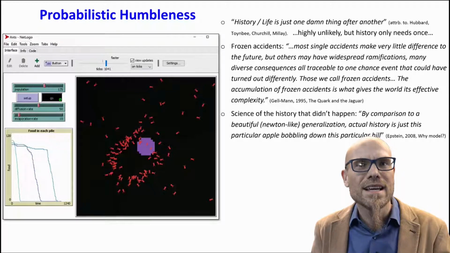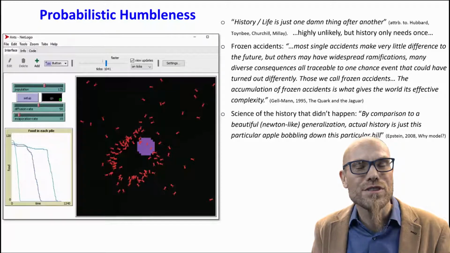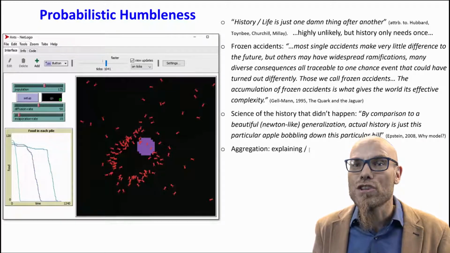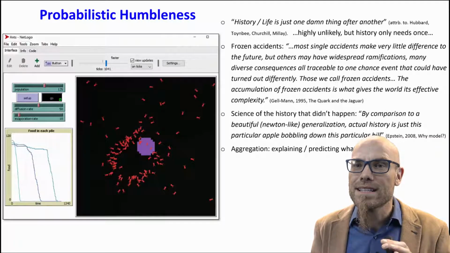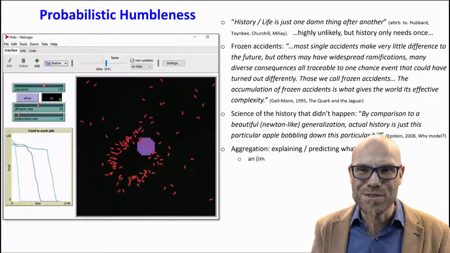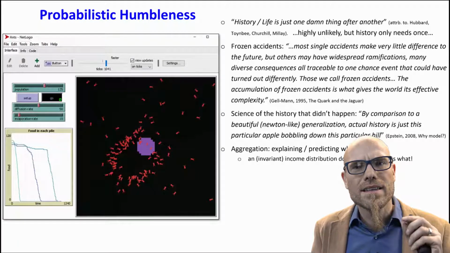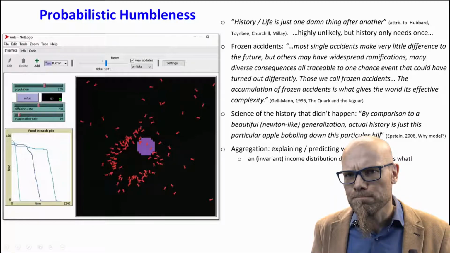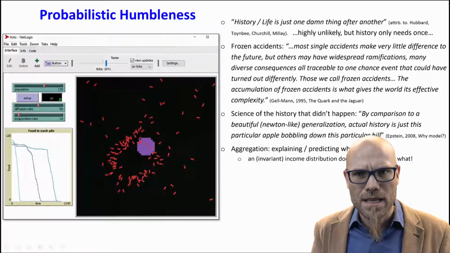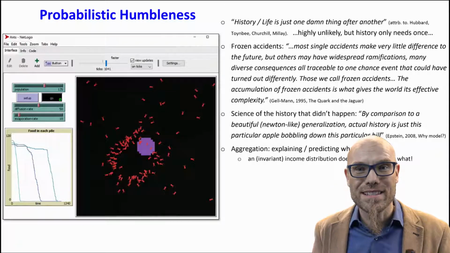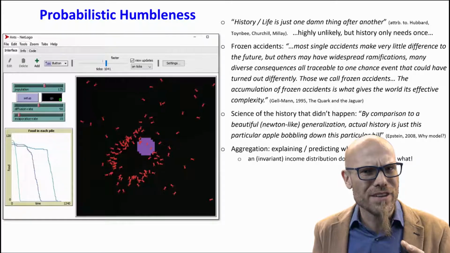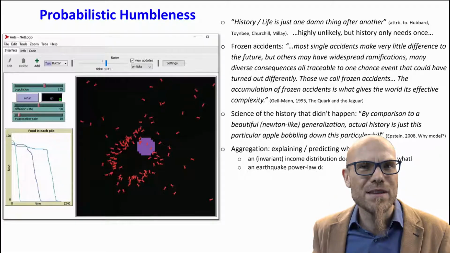Now, for the predictions that you have, if you want to explain or predict something, you have to distinguish. You can still predict the probability distribution. For example, on the Sugarscape, we could say there are very few rich people and many poor people. But we couldn't actually say which person is rich and which person is poor. That would have been more difficult, but the outline of the shape we had. Same with earthquakes.